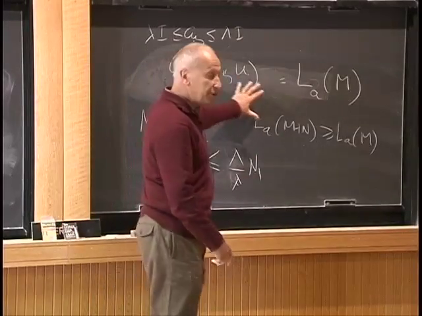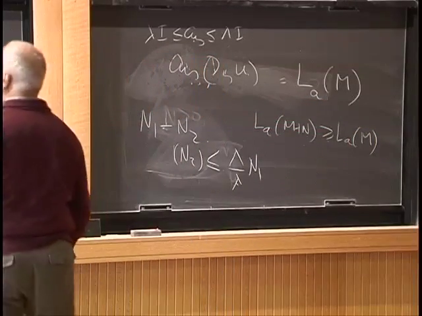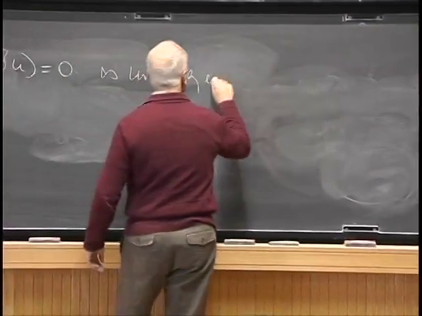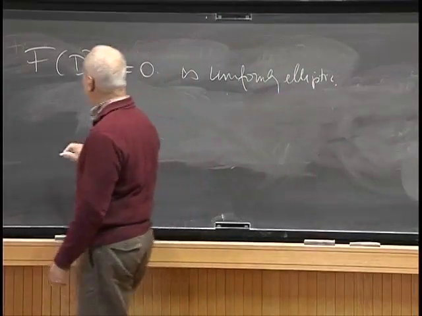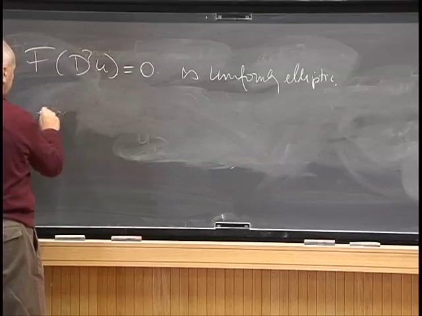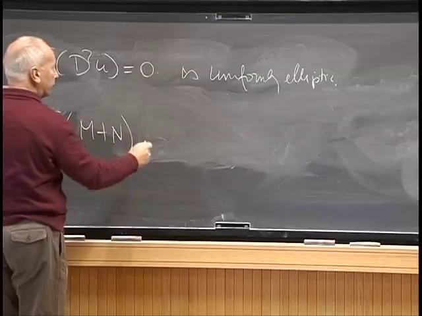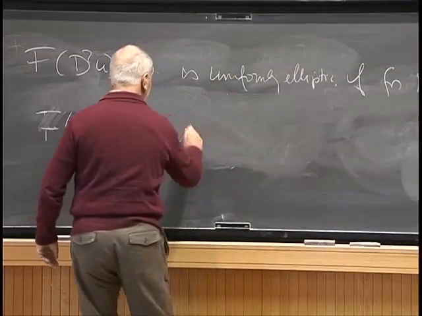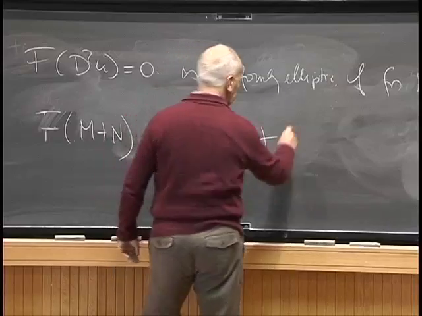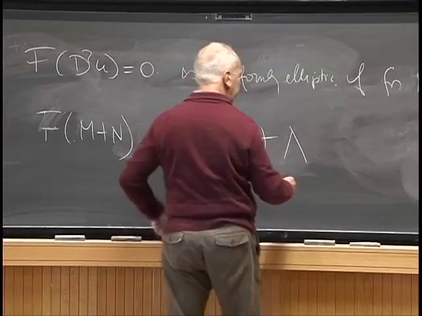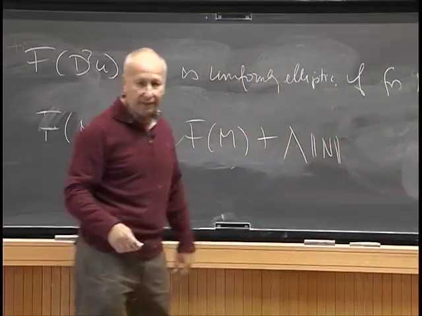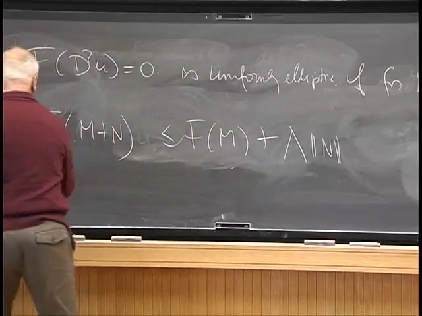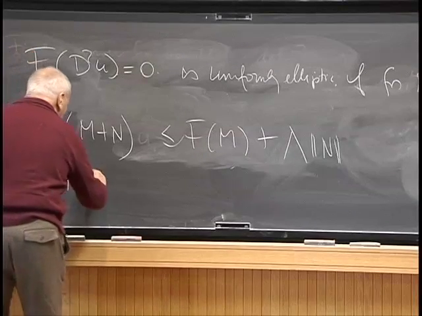Okay? So this is a definition we can give for f of d squared. We can say that the equation f of d squared of u is uniformly elliptic if f of m plus n, for n positive, is smaller or equal than f of m plus a large multiple of the norm of n, that is the maximum eigenvalue, let's say, and is bigger or equal than f of m plus a small multiple of the norm of n.